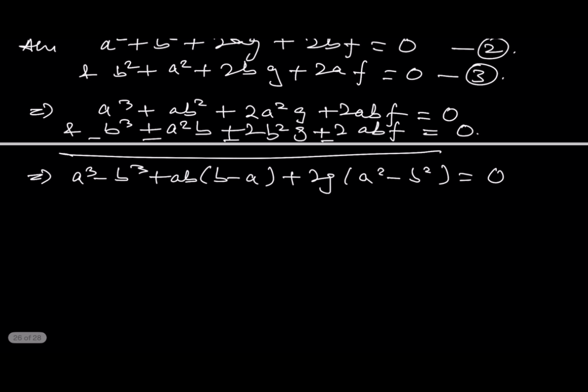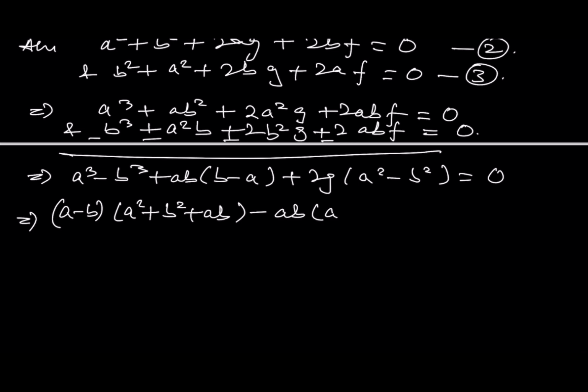If I factorize a cube minus b cube, it will become (a minus b)(a square plus b square plus ab), minus ab times (a minus b), plus 2g times, again factorizing a square minus b square as (a minus b)(a plus b), is equal to 0.